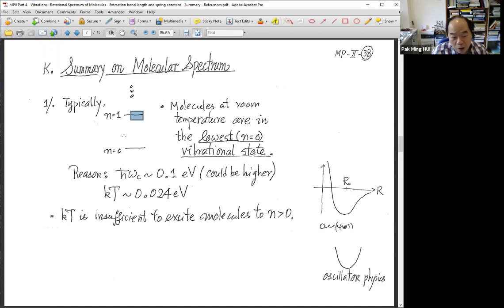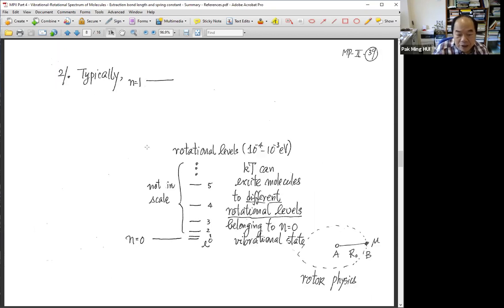So most molecules will populate in this part, n equals 0, but several rotational levels. So typically, the population is right here. Thereby, we have this rotational vibrational state. And then with excitation, with incident infrared, it can go to the other family, the other series.